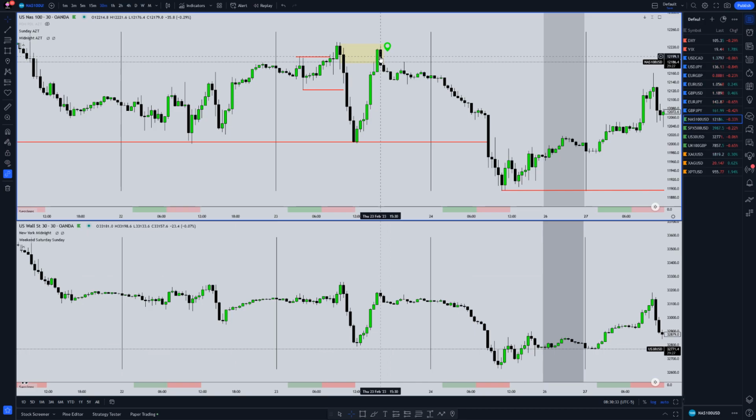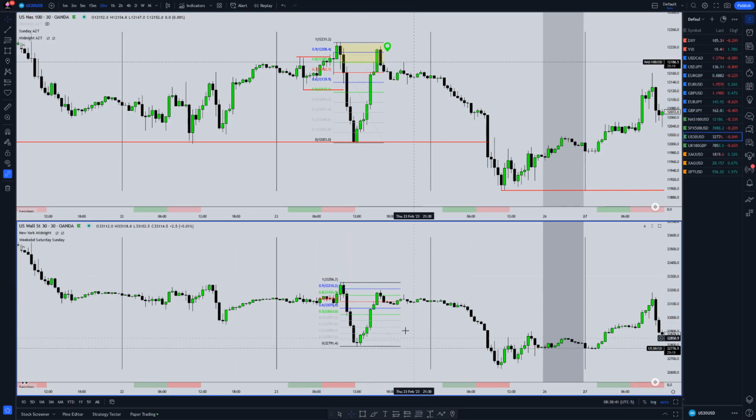It retraces into that. On NASDAQ, it retraced to 90%, so it's a pretty deep retracement. On Dow, it retraced to almost 90%, but in this case, because they're so similar, it doesn't matter as much which one you pick.